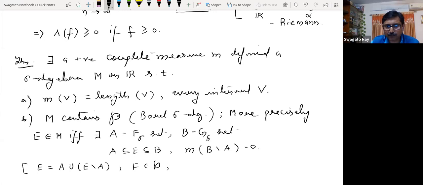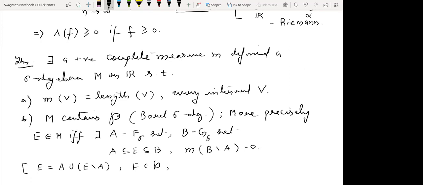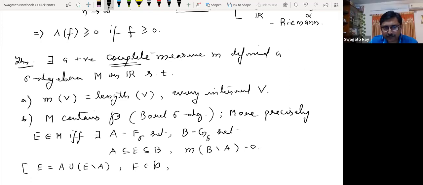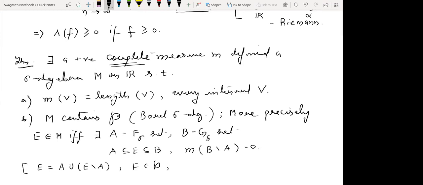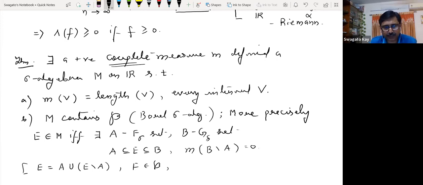Suppose I give you A is an F sigma set, B is a G delta set, E is squeezed in between, and the measure of B minus A equals 0. From this data, can you say that E belongs to M? Yes, because of the completeness of Lebesgue measure. Exactly. The measure is complete. That means if you have any set of measure 0, all its subsets are in the sigma algebra. So A is in B, and E minus A belongs to M.